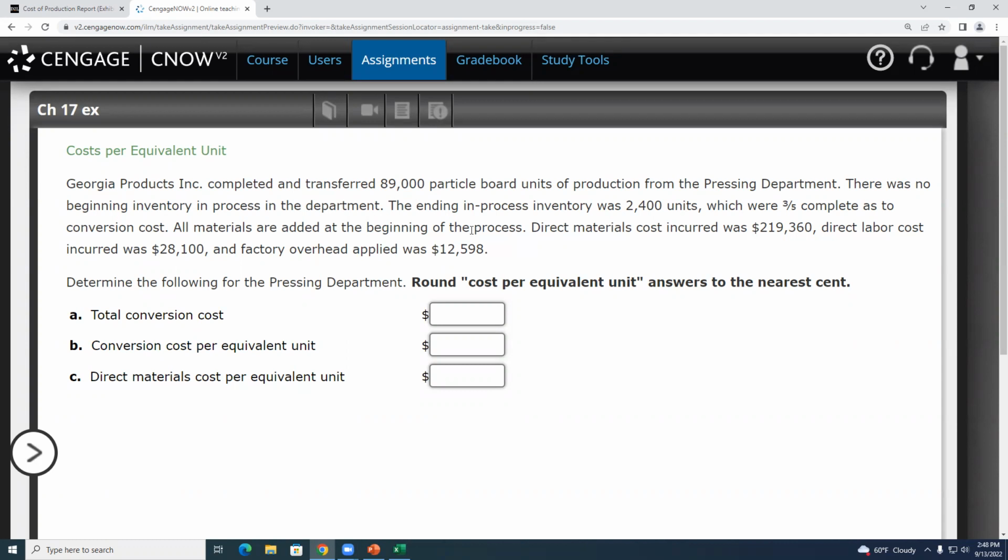So we know our direct materials cost for the month and our direct labor costs and our factory overhead. We also know we're going to be combining the direct labor and factory overhead into one conversion cost. So our total conversion cost, we can go ahead and do that now.